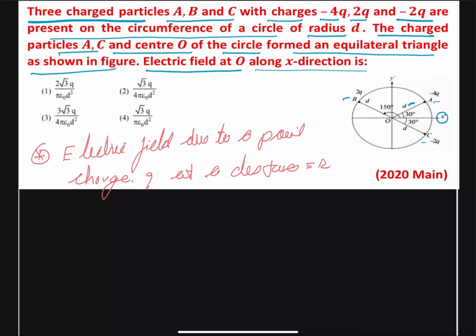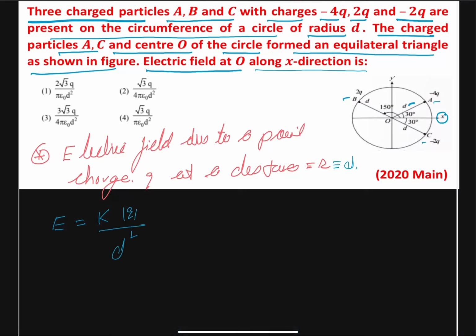In this case our r is equal to d, so we can write our electric field will be equal to kq divided by d square.